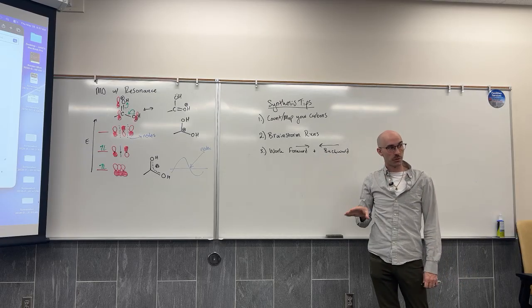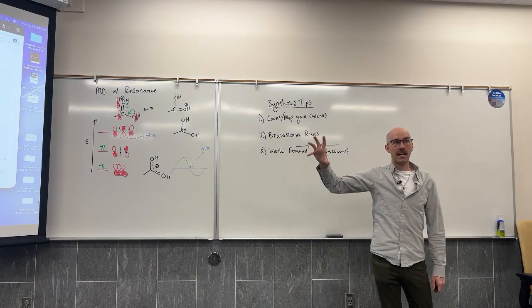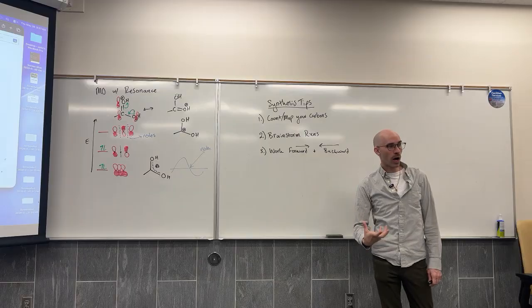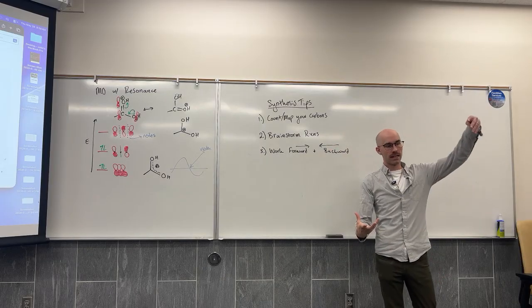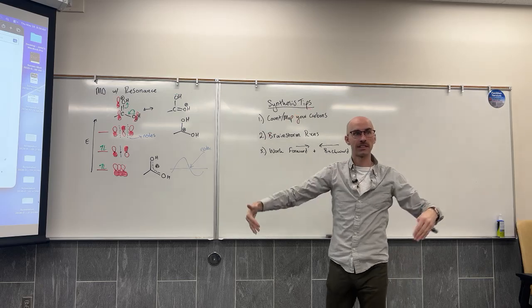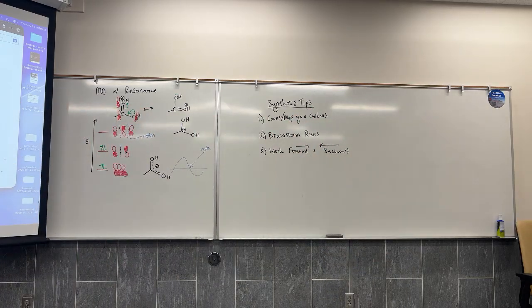If you're not sure what direction to go with your starting material, can you take your product and figure out what it came from? Sometimes figuring out what the product came from gives you a better idea of how to get to it from the starting material. So use those tips as you do the synthesis problems. Try to work forward and backwards.